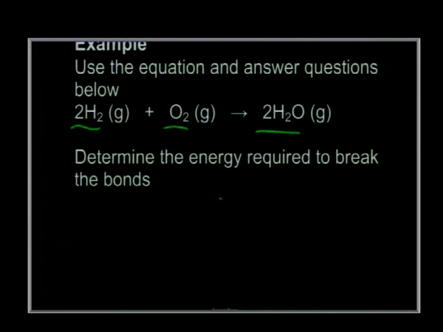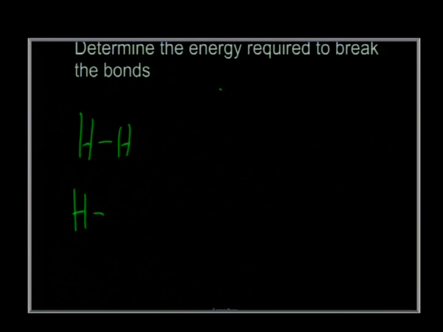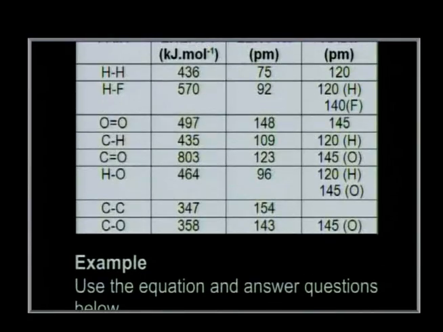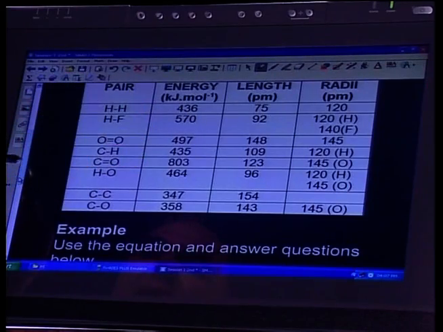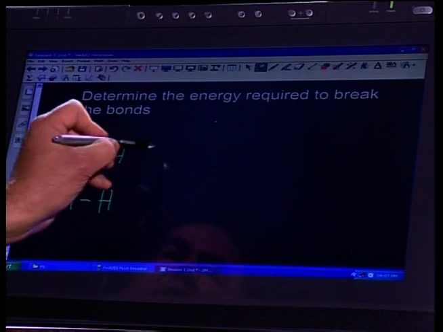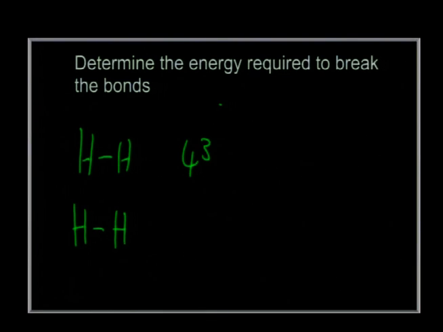Hydrogen, there are 2 moles, so we recognize we've got hydrogen stuck to another hydrogen, and we've got hydrogen stuck to another hydrogen. From the table of our calculation there, 436 is what is required to break one of those bonds. So 436, 436.